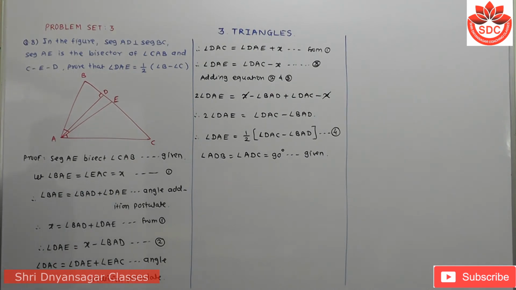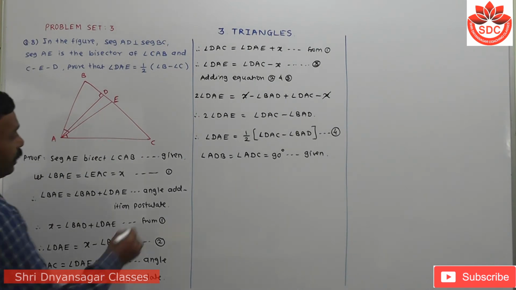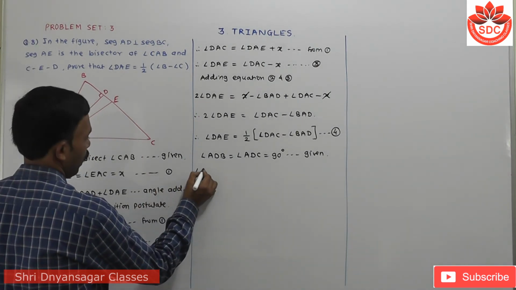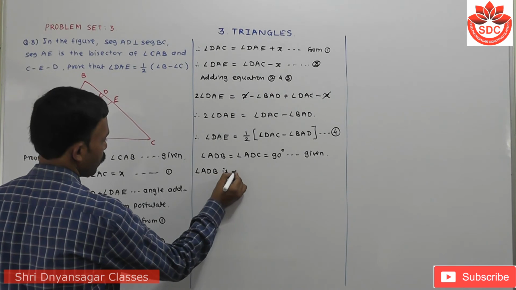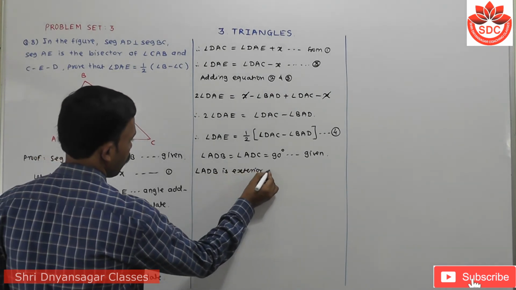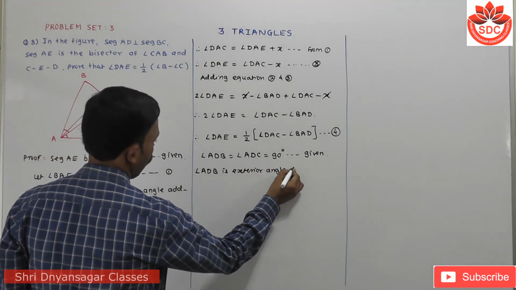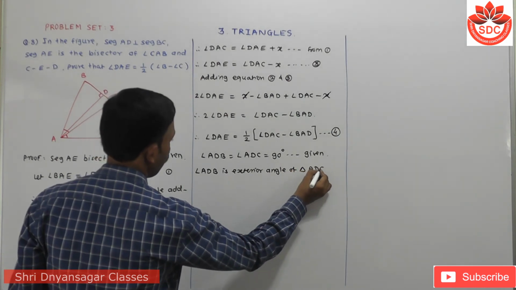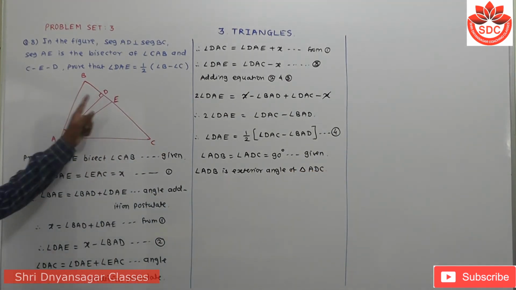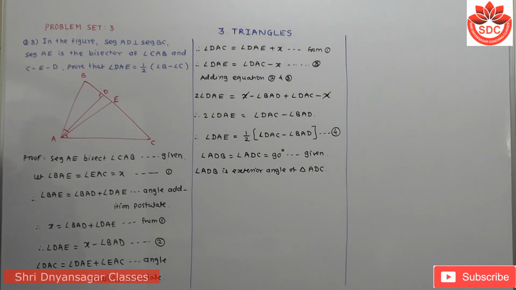Then student, look carefully, this angle ADB is exterior angle of this triangle ADC. So I have to write here angle ADB is exterior angle of triangle ADC.